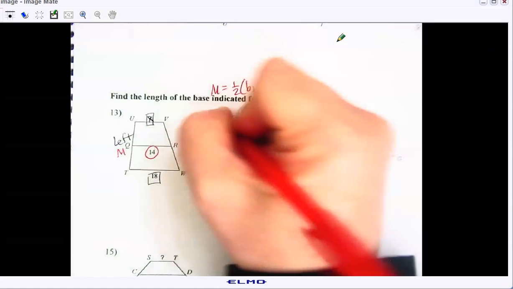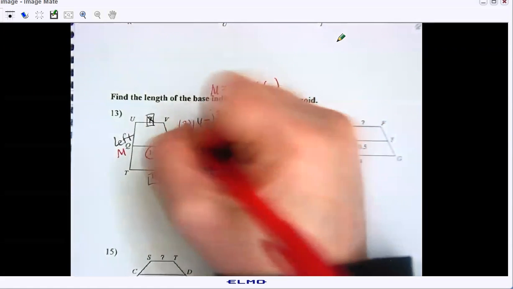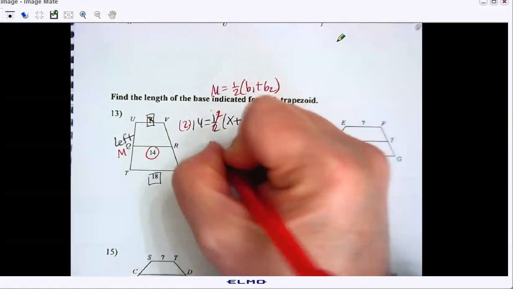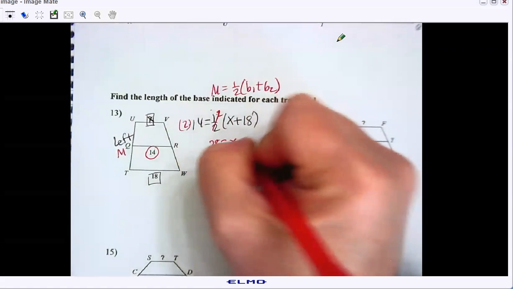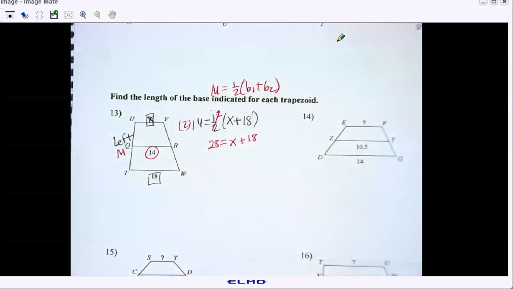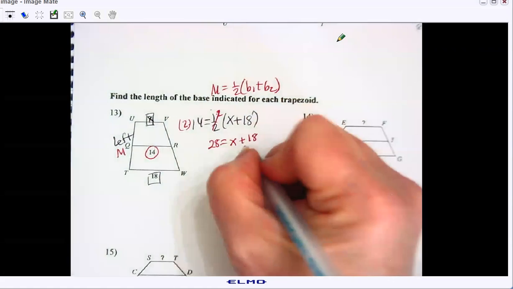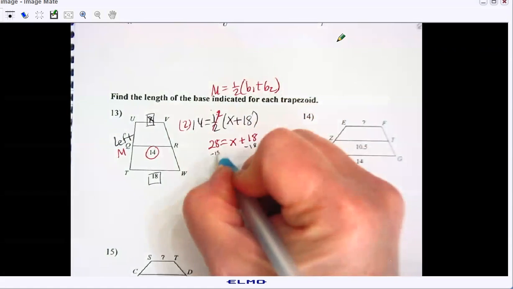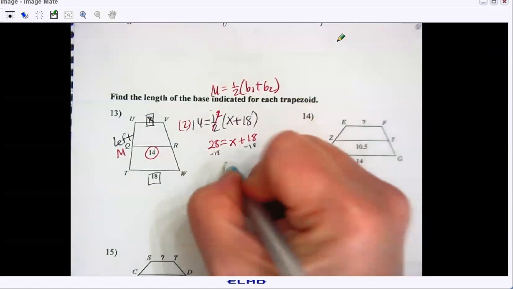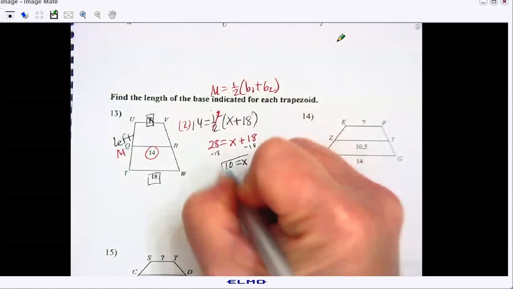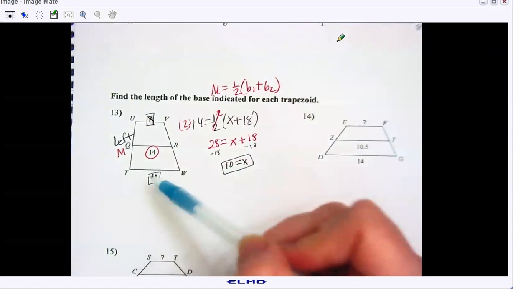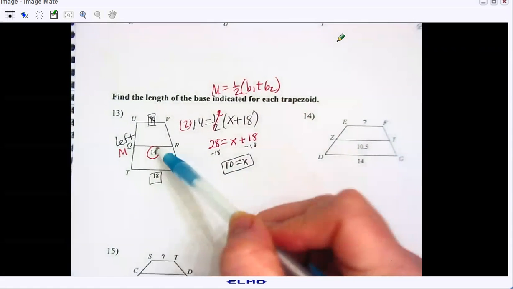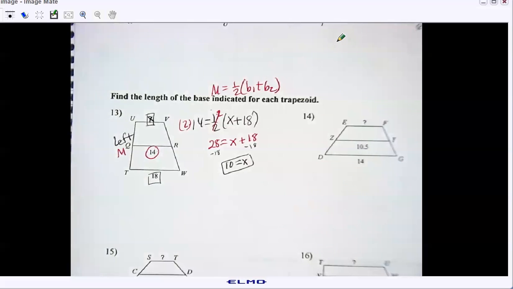Good. Multiply both sides by 2. So we've got 28 equals x plus 18. We subtract 18 on both sides. What do we get? 10. And that should make sense because if I subtract 4, I get the median. If I subtract 4 again, I should get the other base.